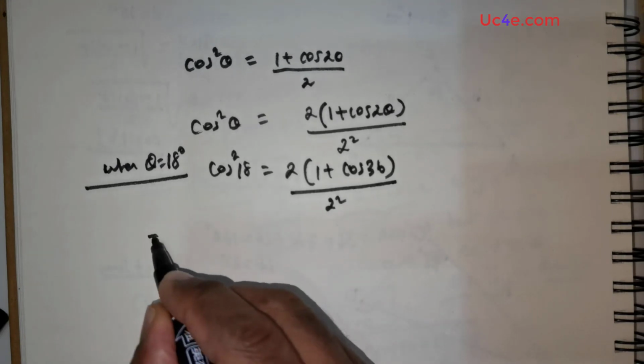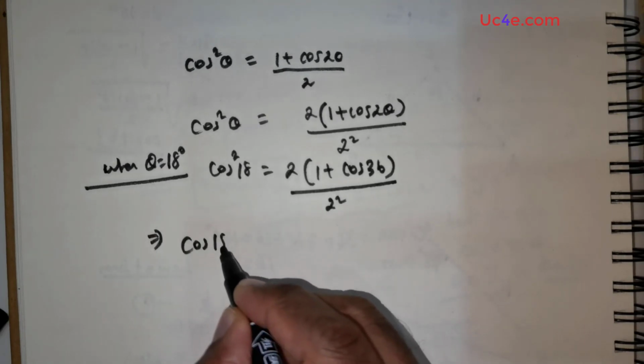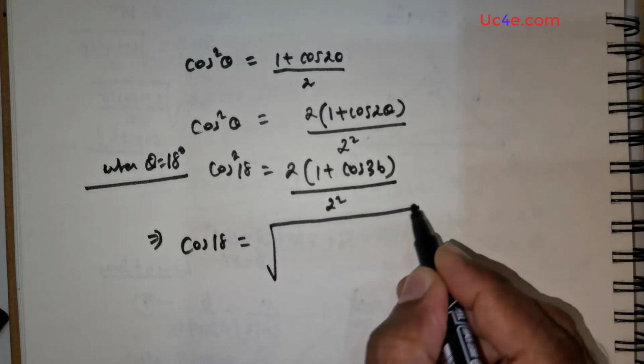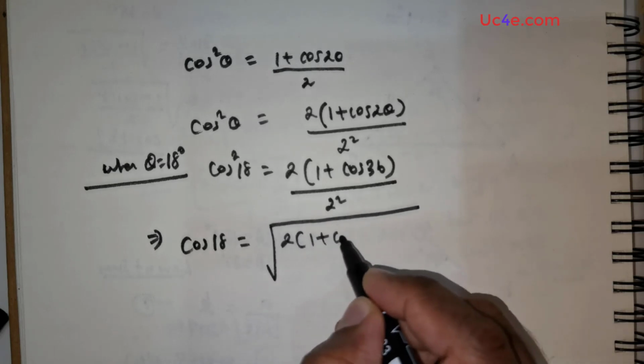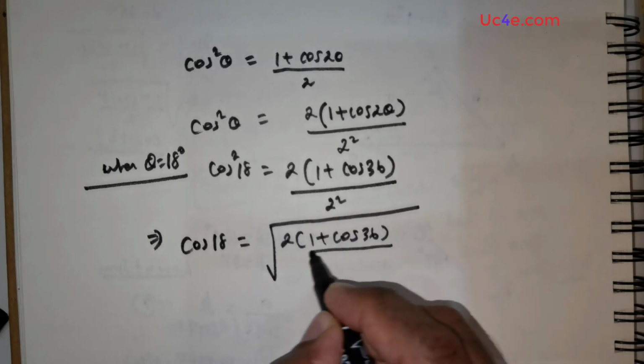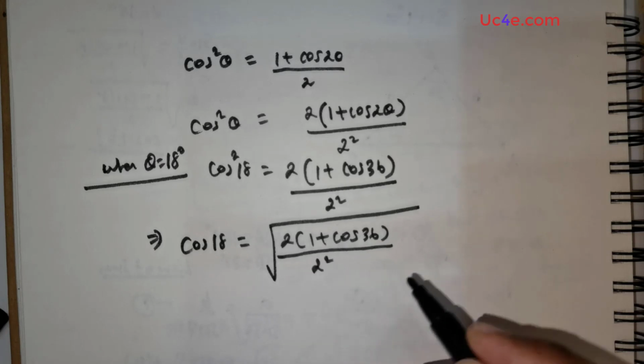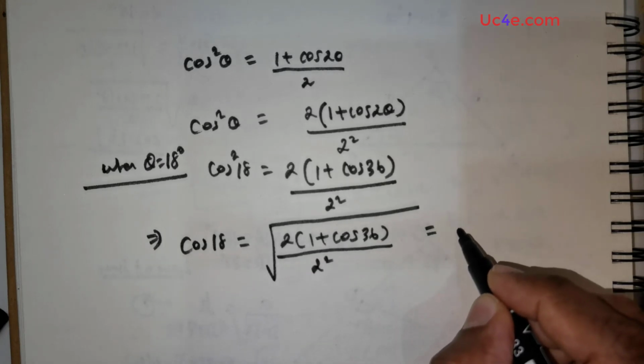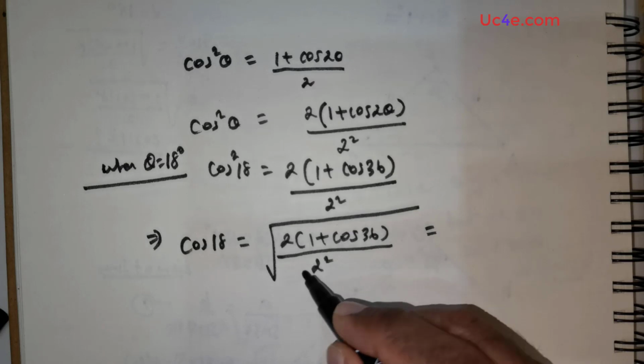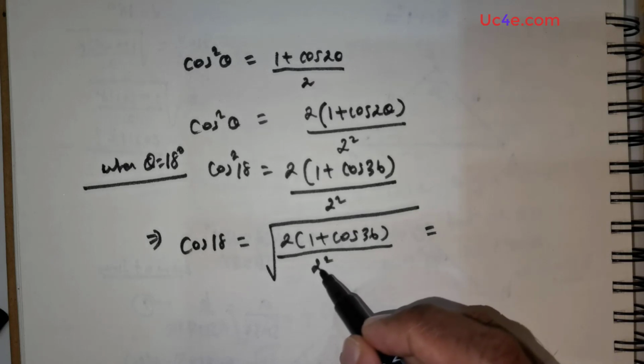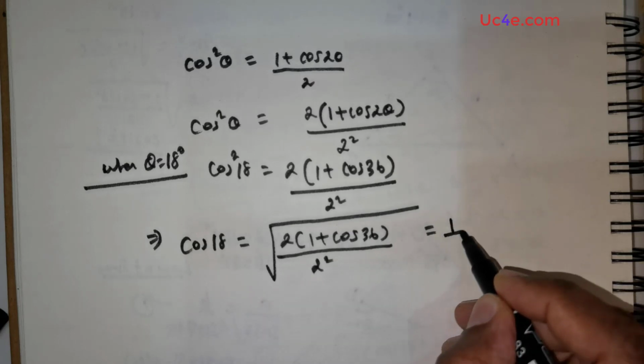Now from here I can write cos 18 to be equal to the square root of 2 times 1 plus cos 36 divided by 2 squared, which is again rewritten as, if I bring this 2 out, this is 4. When it comes out of the square root, it's going to become 2.